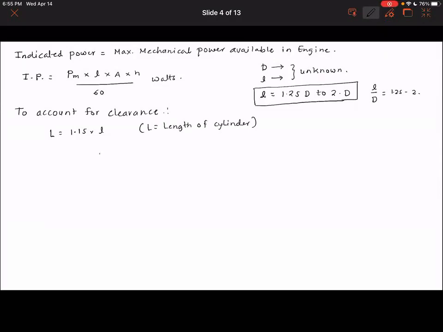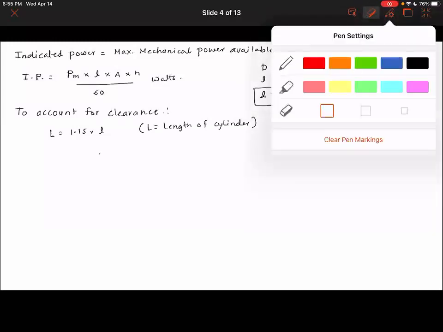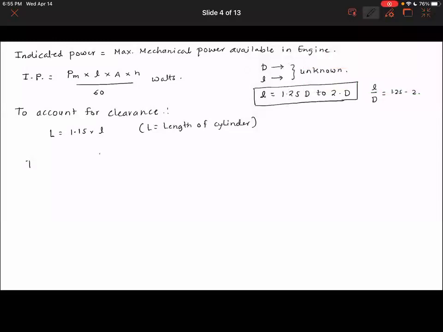Now I just want to give you one more expression. As you know, indicated power minus friction losses is equal to brake power.